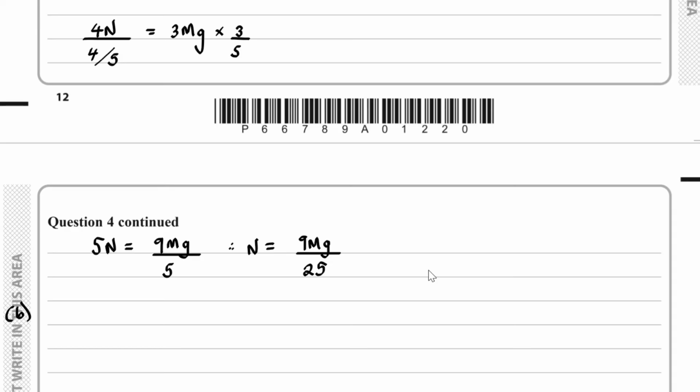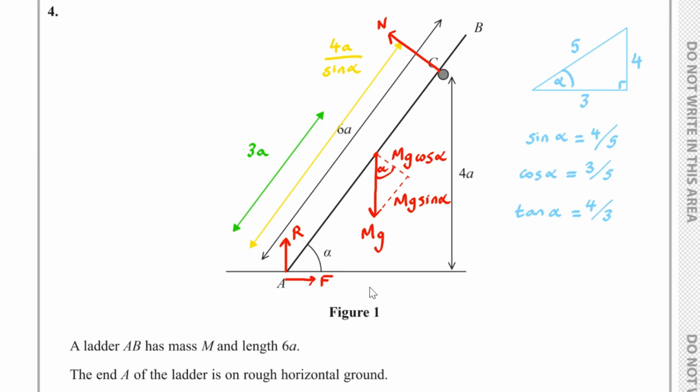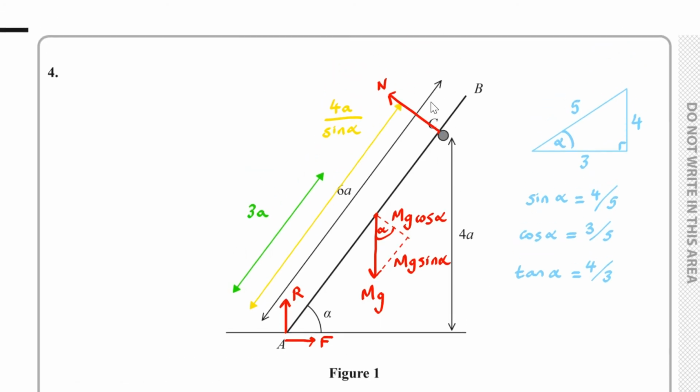So for part B, if we resolve horizontally, let's go back to our diagram. We have F over here, and this is equal to some component of N. To find that component, we split N into its components.